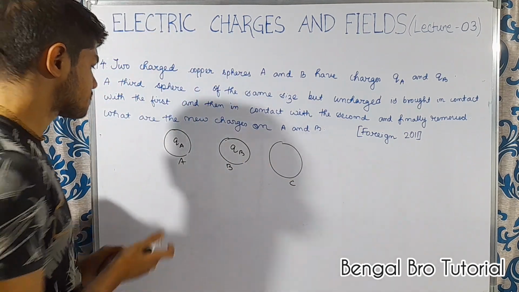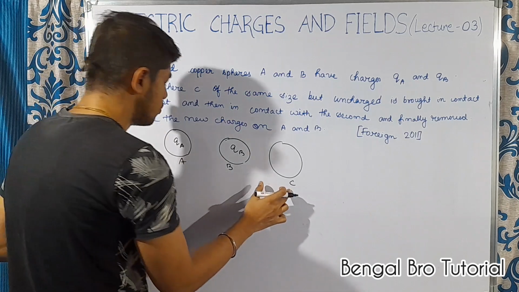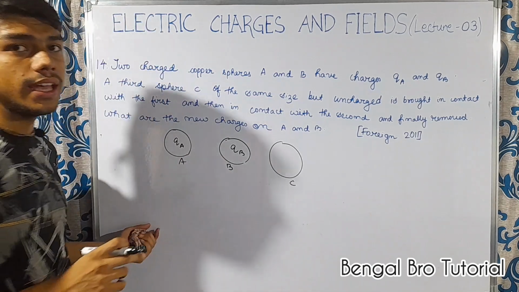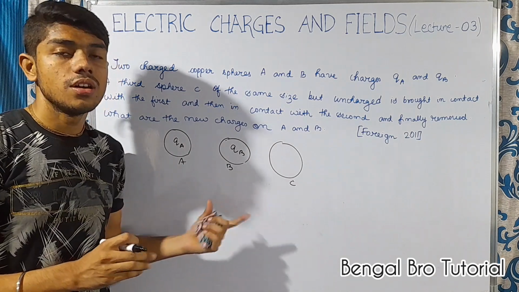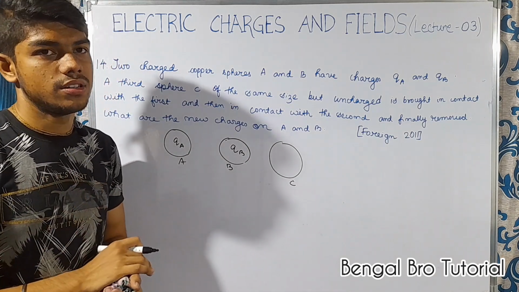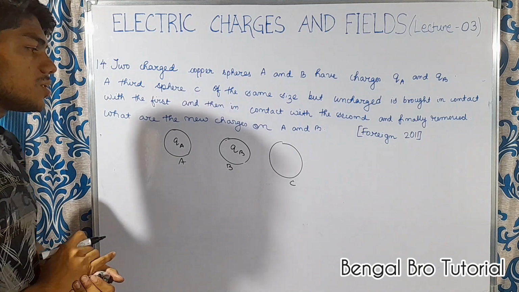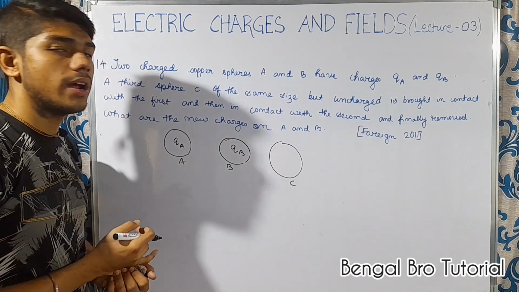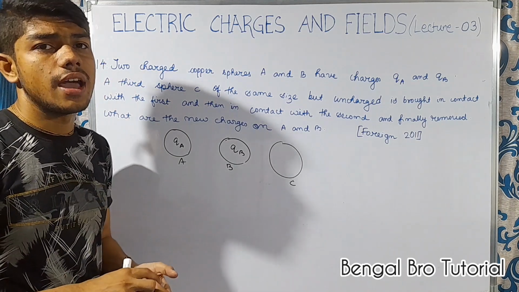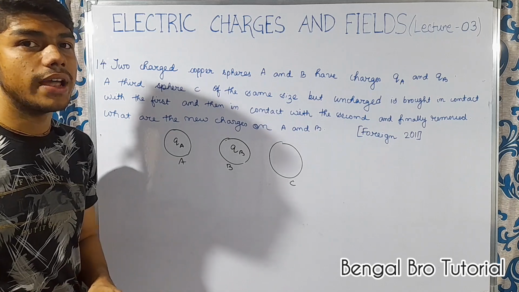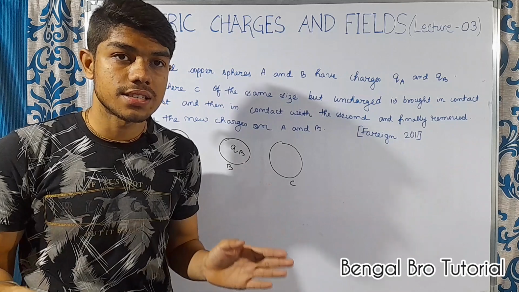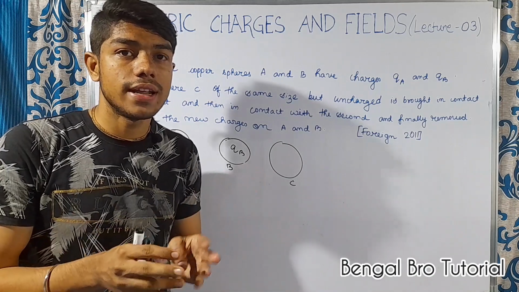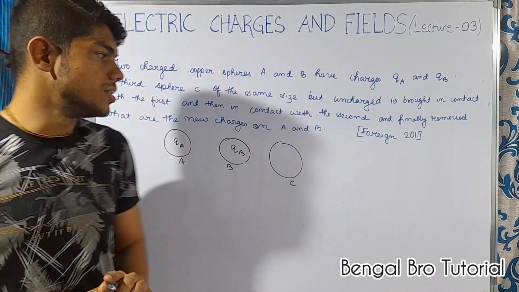So we have another sphere having the same size but it is uncharged. Now when C is brought in contact with A, then the total charge of both the spheres will get equally distributed, because we learned this when we were discussing charging by conduction, that when two conducting bodies of the same size are brought in contact, their charges get equally distributed.